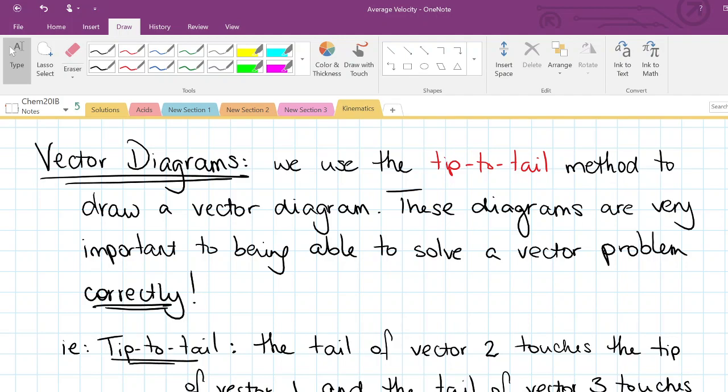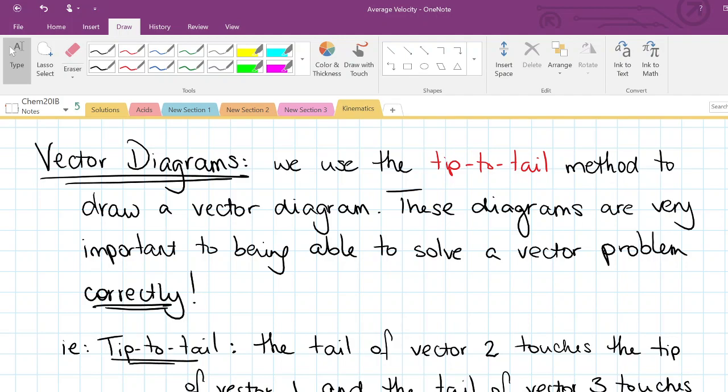You would include your formula, you would sub your values in with their units, and then you would solve for your problem. The thing with a vector diagram is that it's really important that you're able to visualize what the problem is telling you, so that you draw your vector diagram correctly.